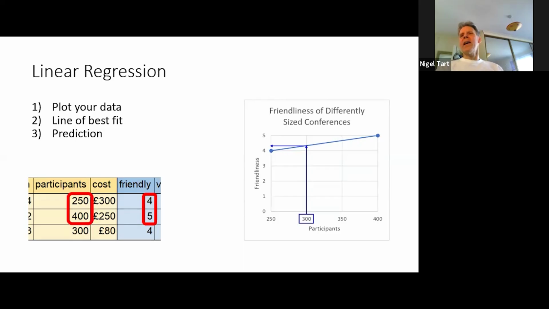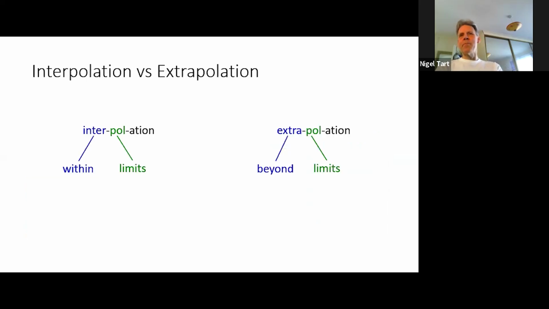What we've done there is interpolation. Inter means between or within, and pole is the limits of something, like the North Pole and the South Pole, the limits of latitude. So we've made a prediction within the limits of the data we've got.